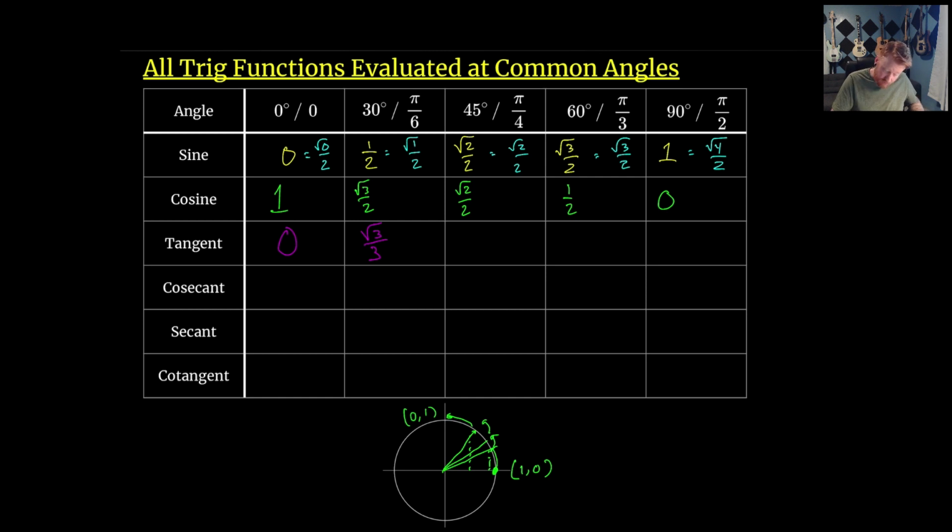For the 45, for the pi over 4, we've got the square root of 2 over 2 over the square root of 2 over 2, which is just 1. So we've seen before that the tangent of 45 degrees is just 1. Here we're going to get just the square root of 3 for the tangent of 60 degrees, and then we will see that this is undefined because odd multiples of pi over 2 are not in the domain of the tangent.